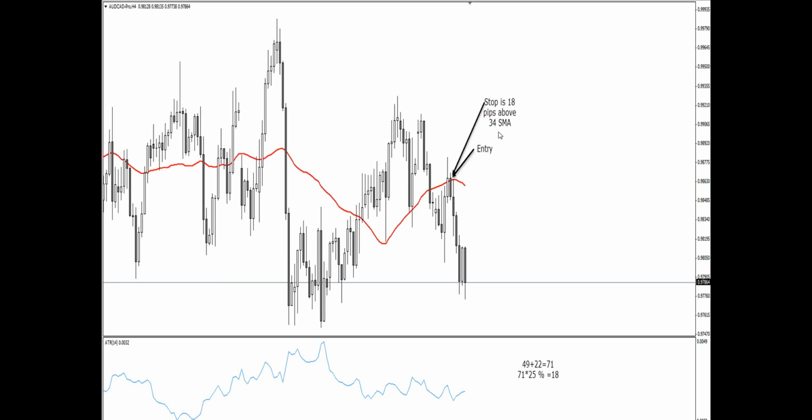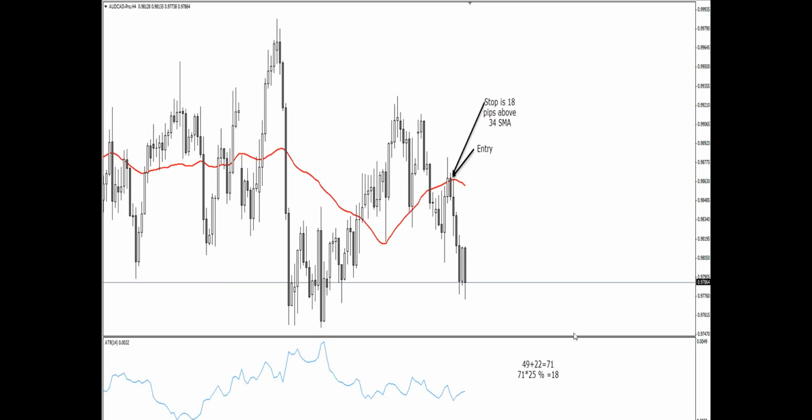You place the stop 18 pips above the 34 SMA. Why 18 pips? This is an aggressive entry, aggressive stop loss. Add 49 to 22. 49 plus 22 is 71. 71 times 25% is 18. It's 70.75, but we usually round it.